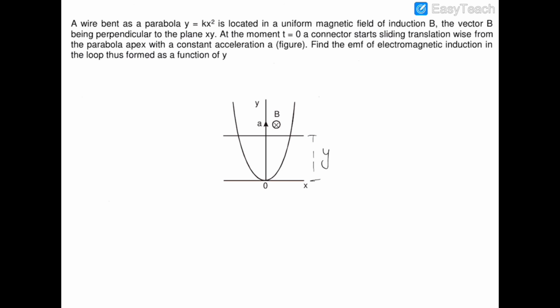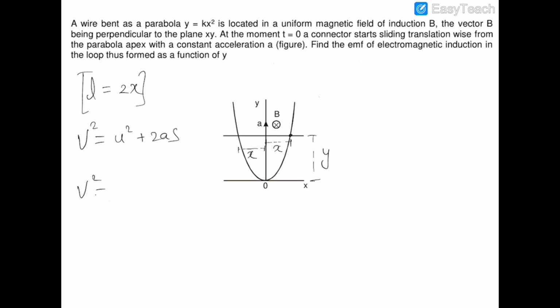So let us suppose that the coordinate of this point is x comma y, therefore this length will be x and this length will also be x. So the length of the rod will be 2x at this instant, and its velocity will be calculated by v square is equal to u square plus 2as.